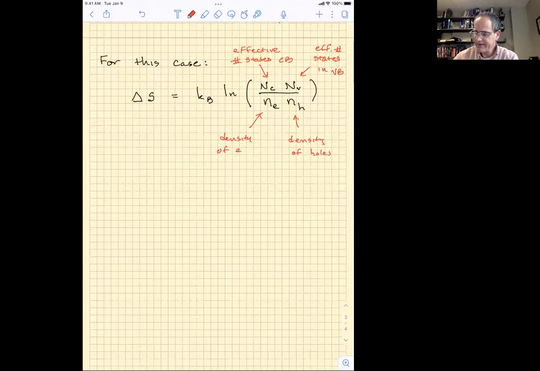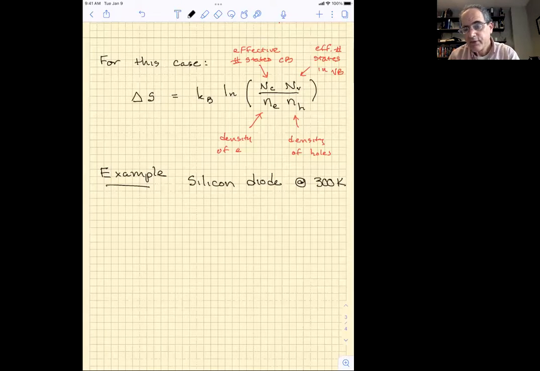But now that we have this expression, we can do an example problem and calculate what the built-in voltage should be. Let's figure out what the built-in voltage should be for a silicon diode at room temperature, 300 Kelvin.